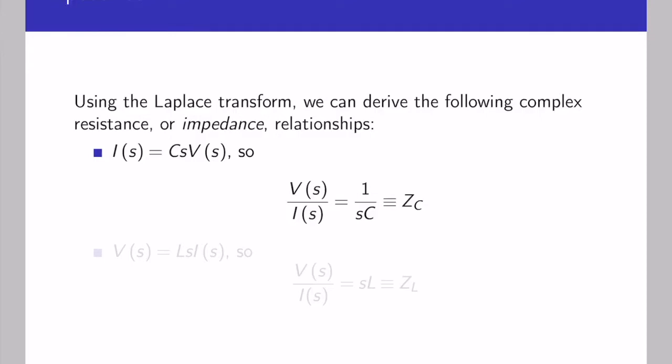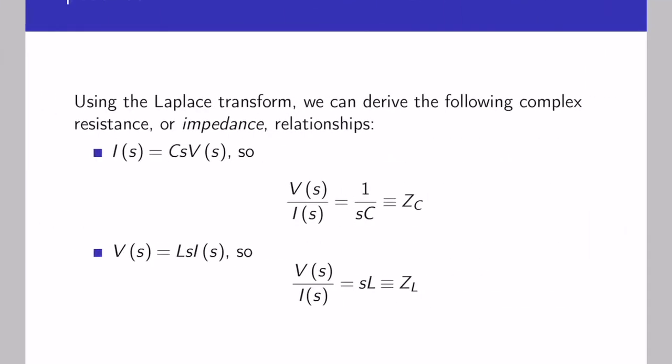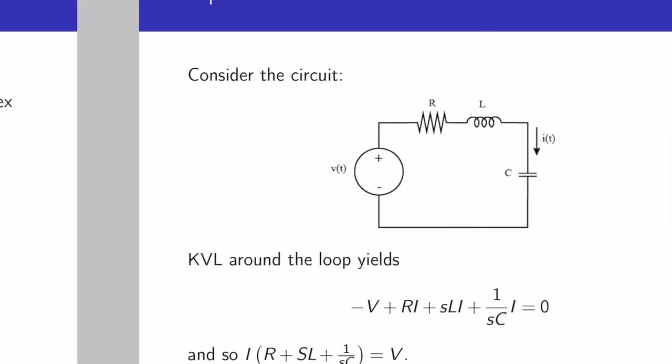And we define that as the impedance Z of a capacitor C. We can also write V(S) is equal to L times S times I(S) for an inductor. So if we take again V(S) over I(S), we see that that is equal to S times L, which we define to be the impedance of the inductor L.